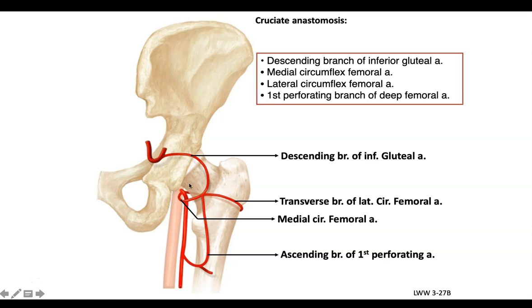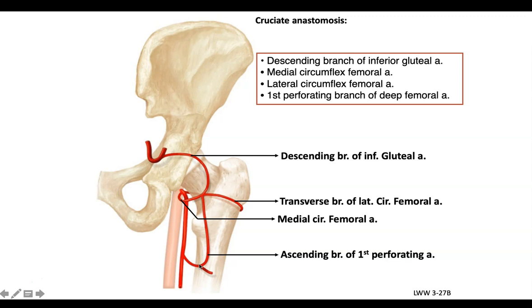These arteries on the posterior aspect of the gluteal region and the upper aspect of the thigh form an arterial anastomosis called the cruciate anastomosis. It may not be visible in the cadaver, but there is an arterial anastomosis between the branches of these arteries. The cruciate anastomosis is formed by the descending branch of the inferior gluteal artery, the transverse branch of the lateral circumflex femoral artery, the transverse branch of the medial circumflex femoral artery, and the ascending branch of the first perforating artery.